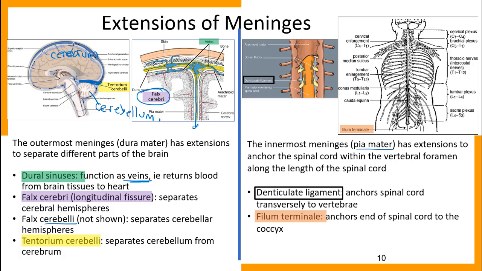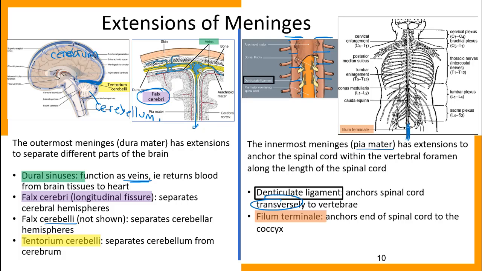So you've got the denticulate ligaments, which extend outwards from each section of the spinal cord, and it basically anchors the spinal cord to the vertebrae sideways, right? Transversely.